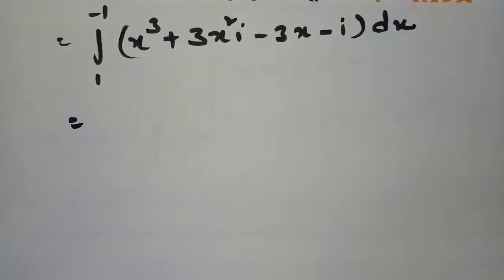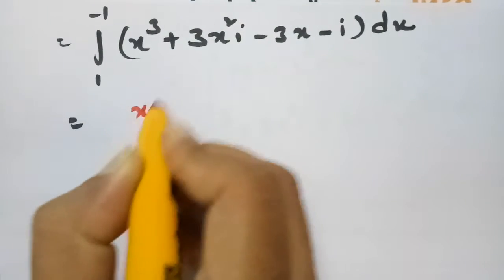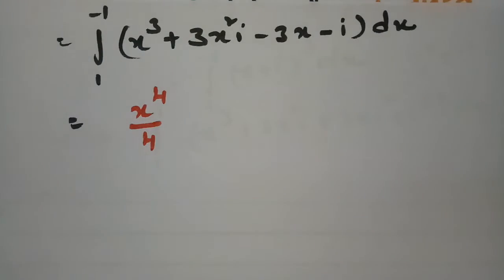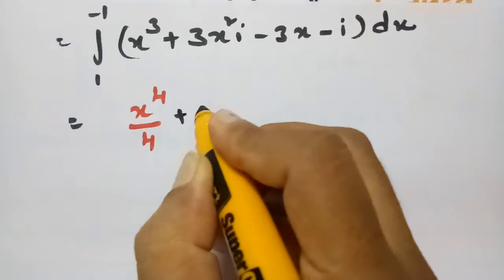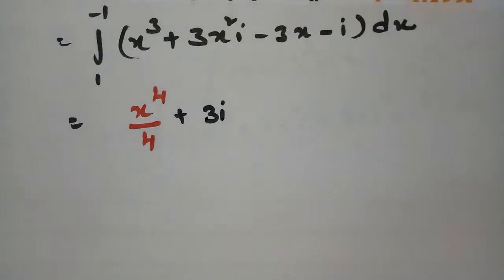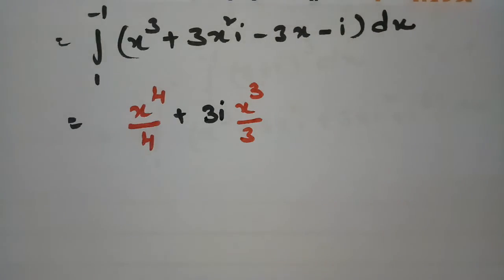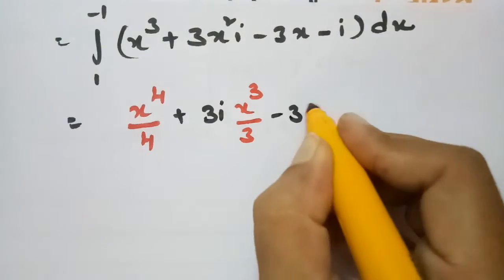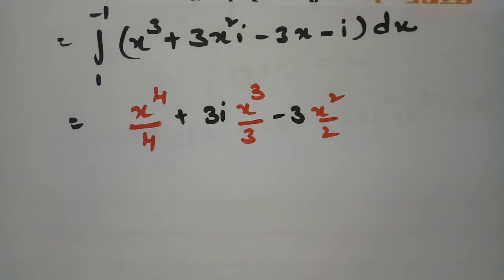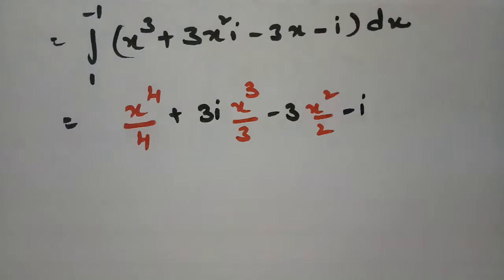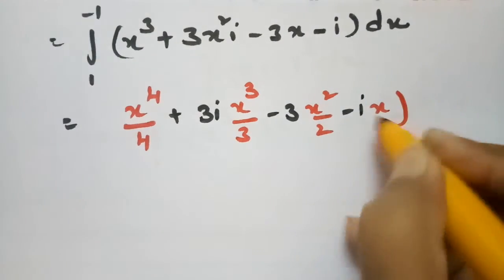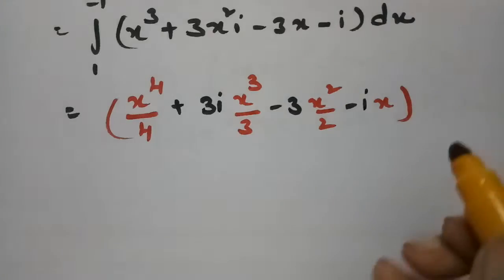For x cube, this will be x power 4 by 4, and the constant here is 3i, and for x square the value here will be x cube by 3, and again the constant here is -3, and for x the value here is x square by 2, and this value is -i, and integral dx is nothing but x.